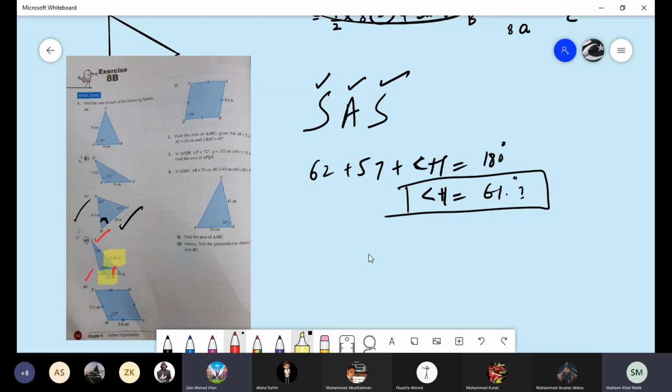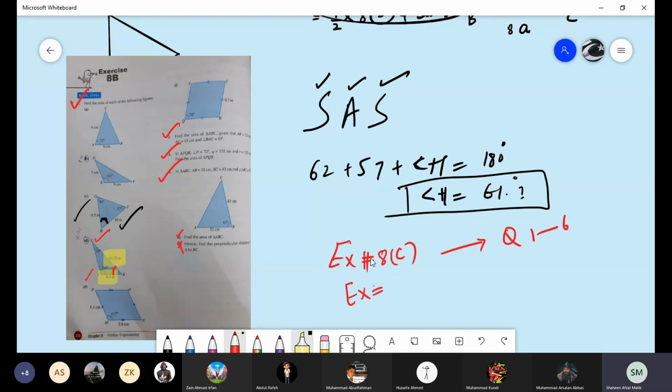Before going to the next question, mark the questions from this exercise. We have to do question number one, then two, three, four, and only the A part of four. The second part is not to be done. Then 8C, questions 1 to 6 all.